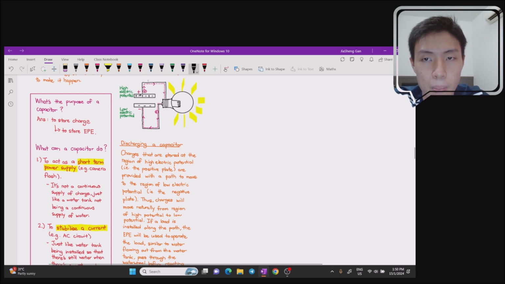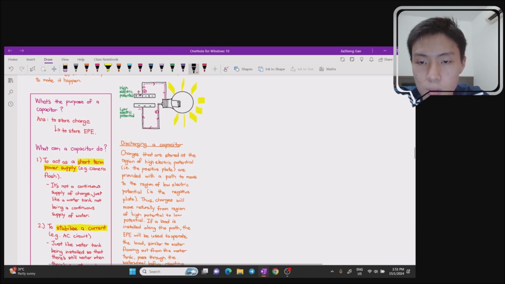Now you can see that there's a path available for these positive charges to flow to the region of low electric potential, which is the negative plate. So the charges will move from the positive plate over here to the negative plate.